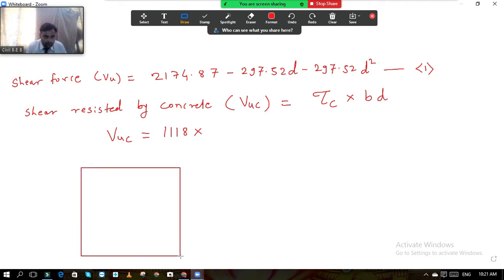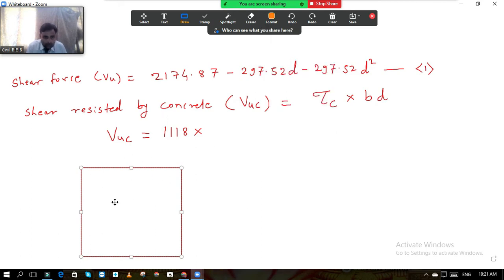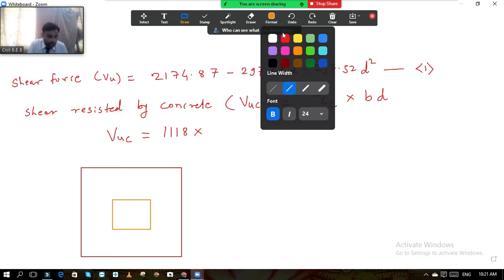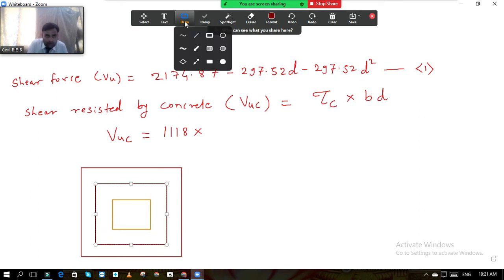Now suppose this is your footing. Inside the footing, here is the column. This is the column. And the area which is going to be punched, I will draw over here. This is the punching area. This total area will move under.